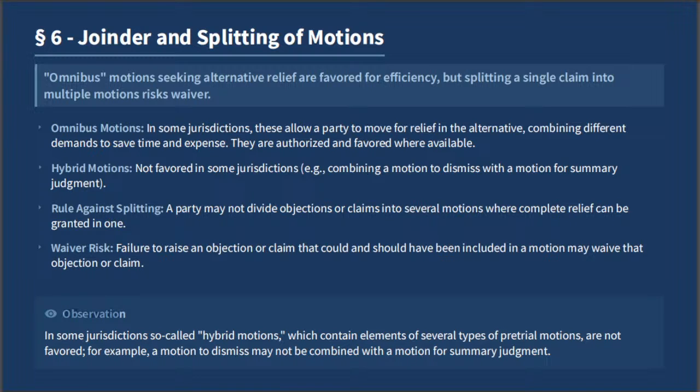Here's your observation. In some jurisdictions, so-called hybrid motions, which contain elements of several types of pretrial motions, are not favored. For example, a motion to dismiss may not be combined with a motion for summary judgment. See, that could be confusing indeed.